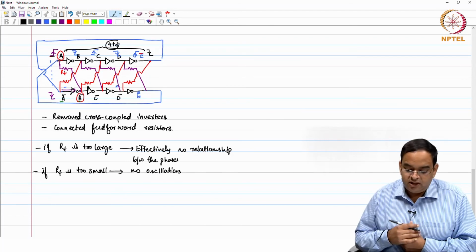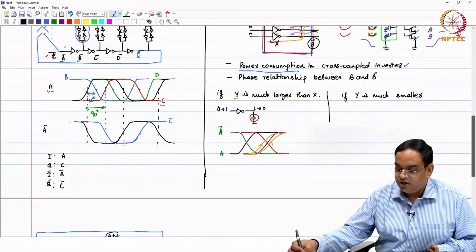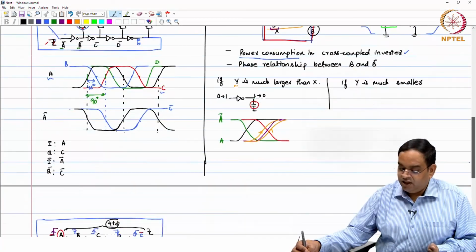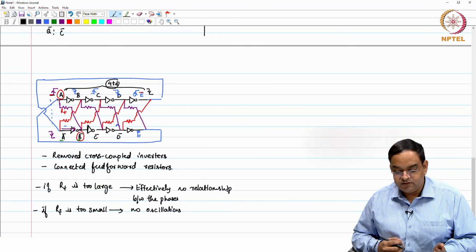So, this particular oscillator has lesser power consumption in comparison to your oscillator with cross coupled inverters. Now, you can use either of these oscillators depending on your requirement.